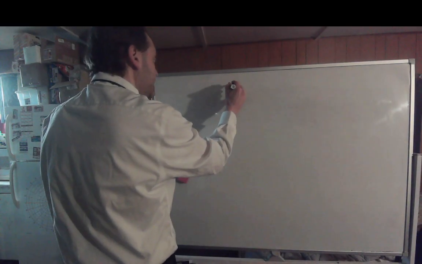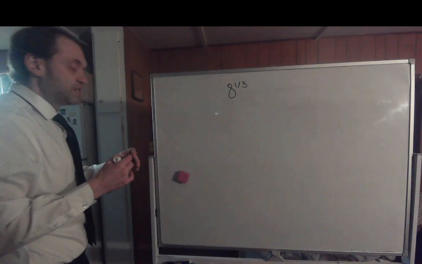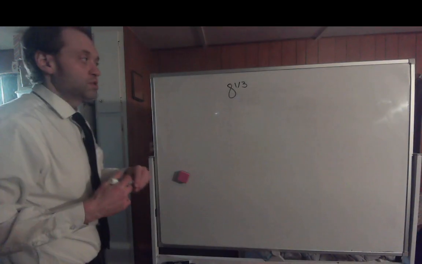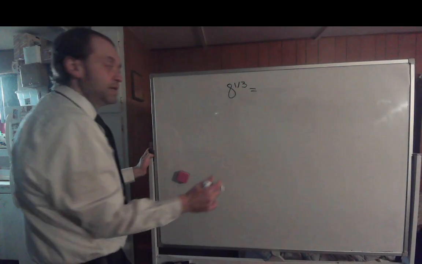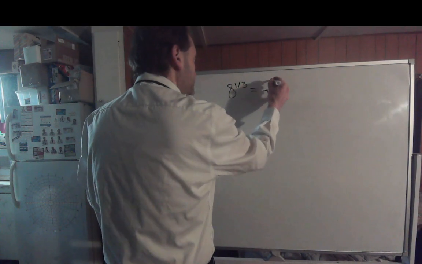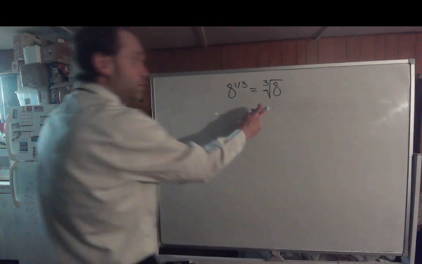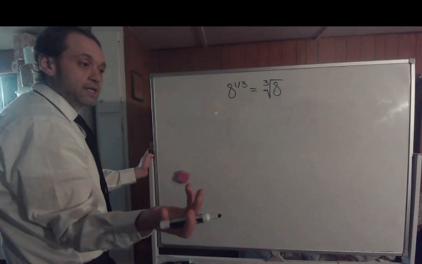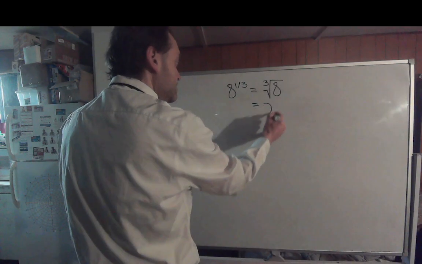Alright, so let's say I want to take 8 to the 1/3 power. So what is that? Well, 3 is my root index, so that means I'm taking the cube root of 8 raised to the first power, or simply the cube root of 8, which is going to be none other than 2.